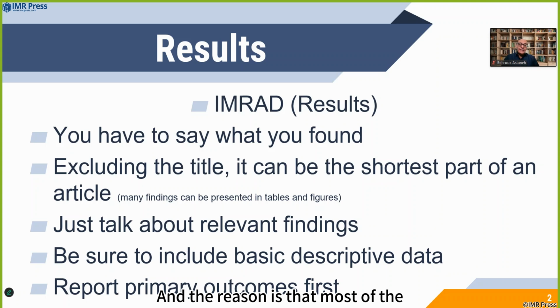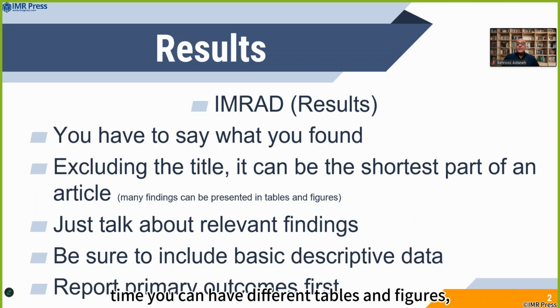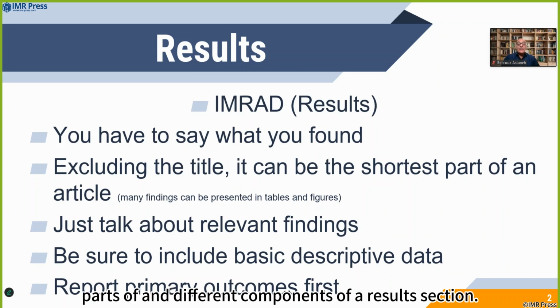The reason is that most of the time you can have different tables and figures, and many data can be presented very concisely in tables and figures. So you don't need to write about those results. And I will give you other examples in future minutes about how you can use different components of a results section.